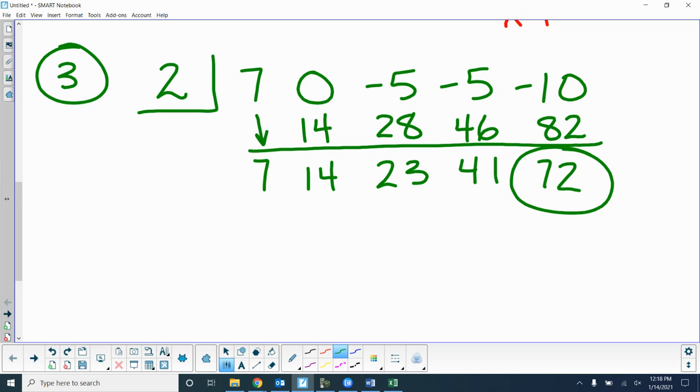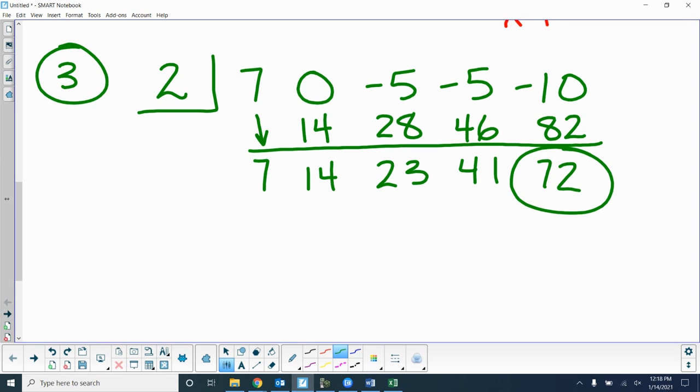Since they call this synthetic substitution, what is this 72 telling you? The answer is 72. What is that telling us? X is 72?